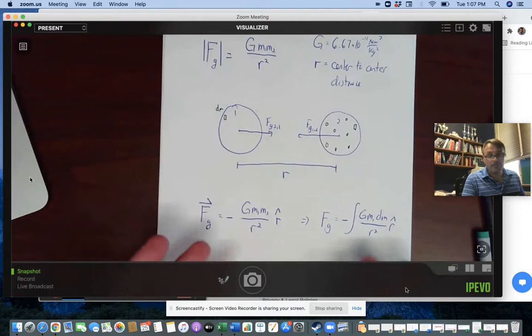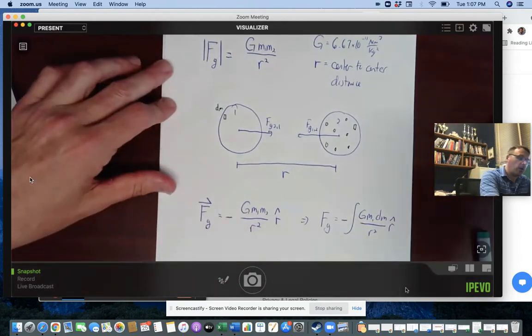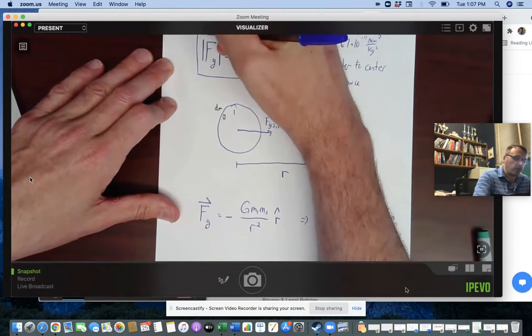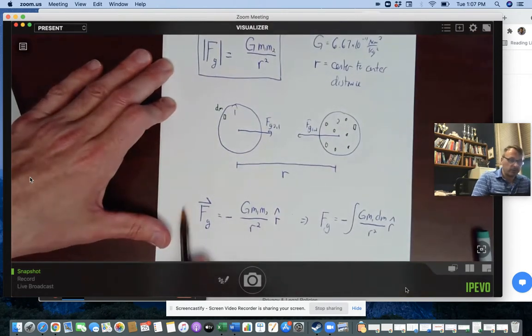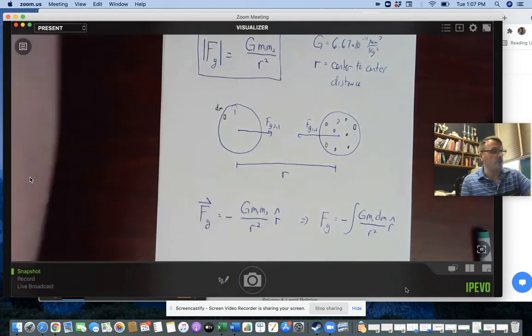We're never going to get into this, but I just wanted to point out that there is this idea of adding up a bunch of infinitesimal things that's going to come up in something we'll talk about in a couple of minutes. So there you go, the law of universal gravitation. This is pretty much good enough for most of the work that we're going to do. This is just interesting in terms of the negative r hat because it's going to have implications on the next things that we're going to talk about.